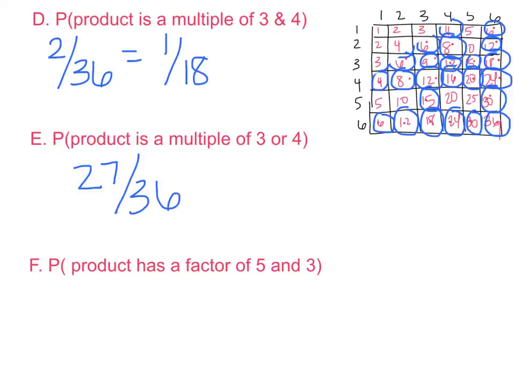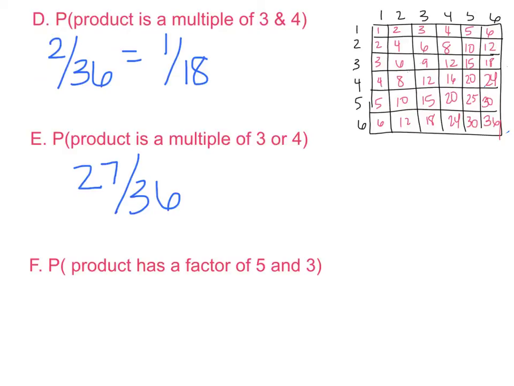So then our last one we're going to look at, I'm going to erase this so we can look at a clean board, is what is the probability to find a product that has a factor of 3 and 5. So let's go through and circle all of our 3s first. Or I'm sorry, not 3 or 5, 3 and 5. So 3 and 5 is going to give us 15.